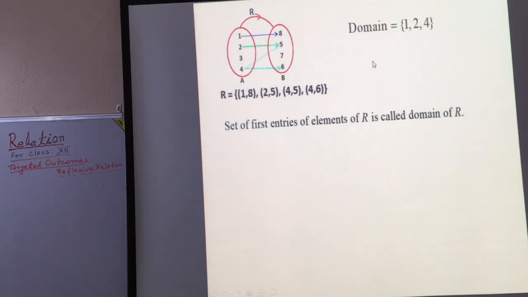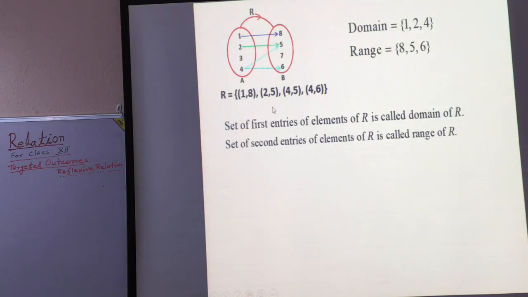So what is domain? Set of first entries of elements of R: 1, 2, 4. Similarly, set of second entries of elements of R is called range of R. So what will be range in this case? See, 8, 5 and 6.